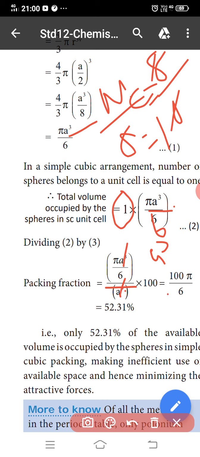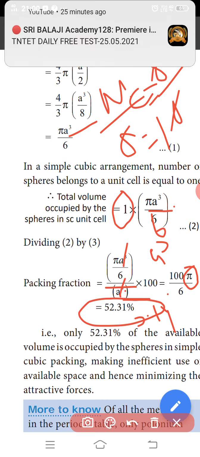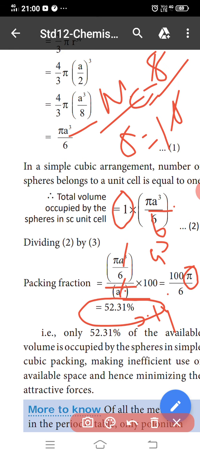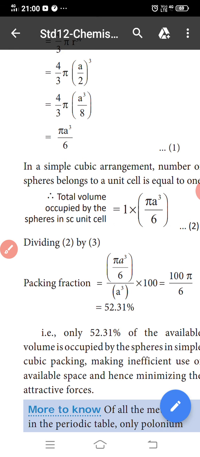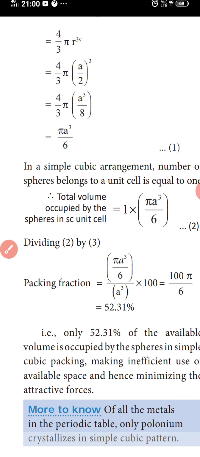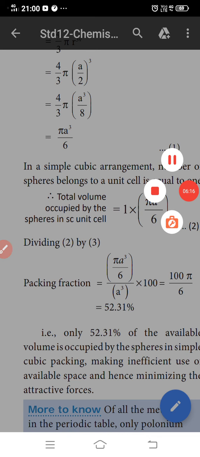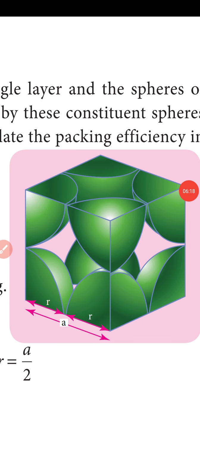Taking the pi value as 3.14, pi into 100 divided by 6 is about 52.3 percent.